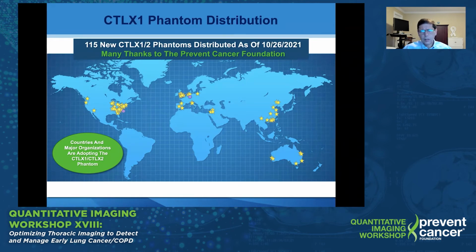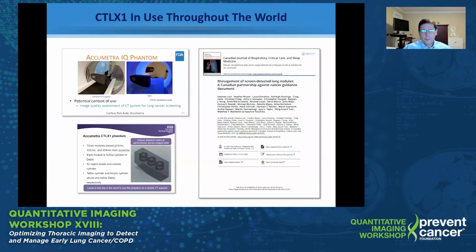And numerous countries and organizations are now adopting this. So we've got a global network in place right now, which is awesome, running on the cloud. We've got the FDA, medical physicists at the NIH. We've got Stephen Lamb and his group putting out recommendations to use these tools, and we're delighted with the adoption around the world.